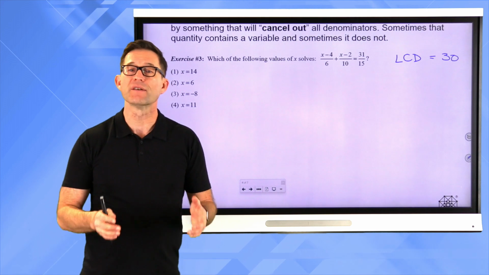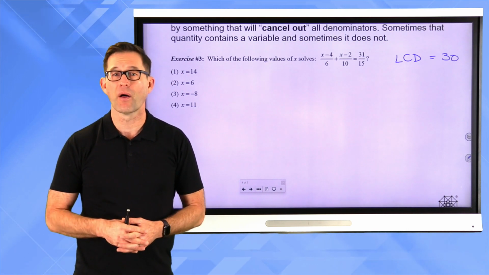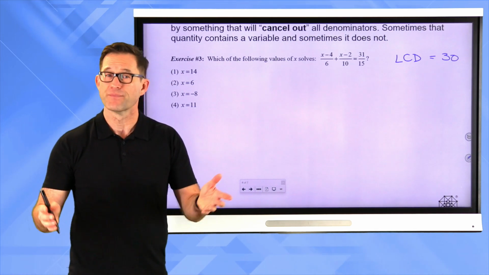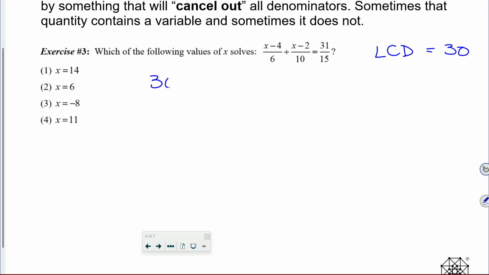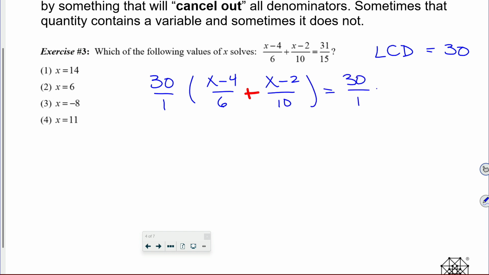So 30 is a very convenient thing to multiply all the fractions by, okay? Now, what will that look like? It'll look like 30 over 1 times (x minus 4) over 6 plus (x minus 2) over 10 equals 30 over 1 times 31/15.